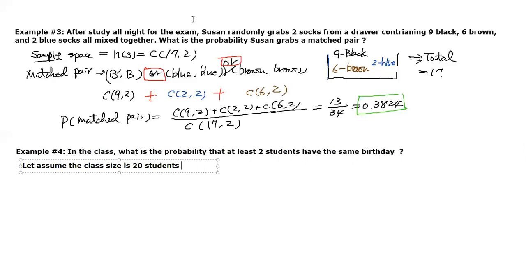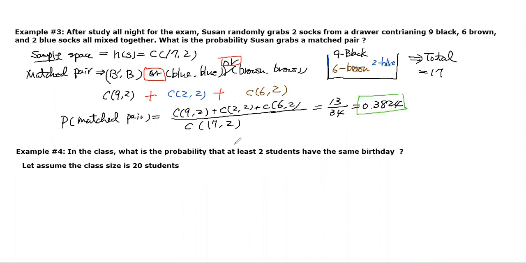Okay, when we try to do this type of problem, think about it: at least two students means two students can have a match, three students can have a match. For "at least," do you remember what we said?